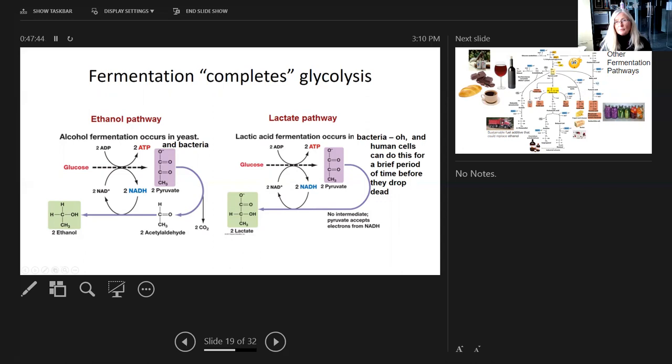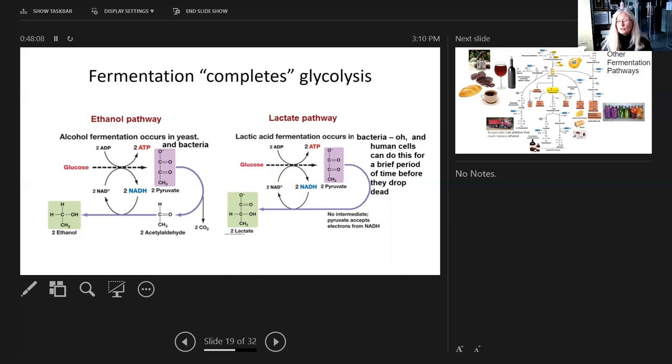Another type of pathway is called the lactic acid or lactate pathway. Homolactic fermentation, lactic acid fermentation, is what it's referred to because the end product of the pathway is lactic acid. So chemistry is different, right? This is an acid, this is an alcohol. Lactic acid is not toxic.